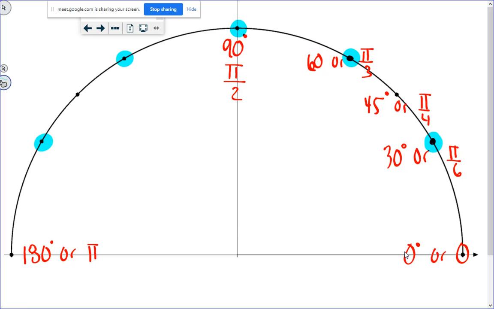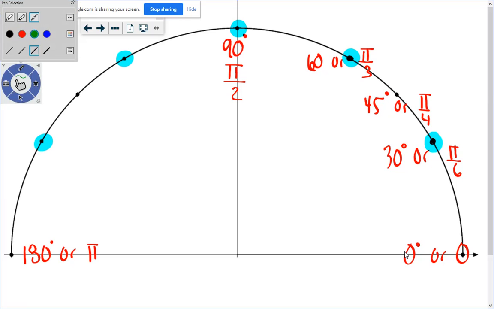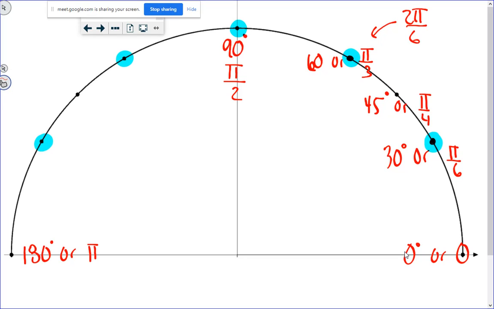So if you now look at what I'm writing, and this is tough from a distance, I said that this first bluish dot is 1 pi over 6. We've already labeled it. I said this one is 2 pi over 6. But 2 over 6 is 1 over 3. We've already got pi over 3 written there. This simplifies to pi over 3, so we don't need to write anything there. It's already done.